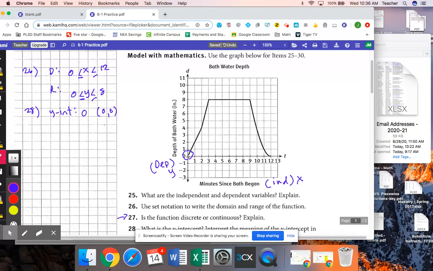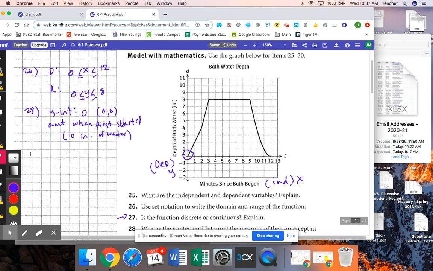Well, at this point right here, that's 0 minutes and that's 0 depth. That's just the amount of water when you first started. So it means it's the amount when you first started running the water. Right? And in this case, it's 0 inches of water.